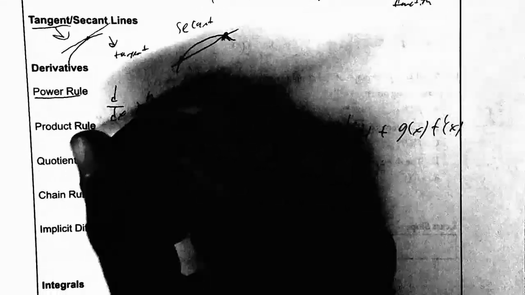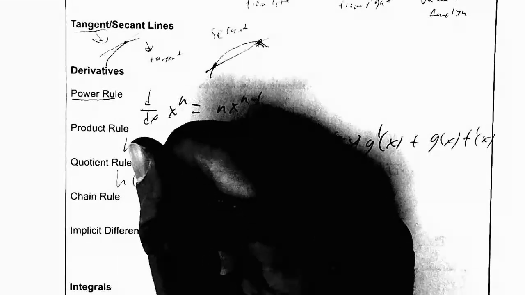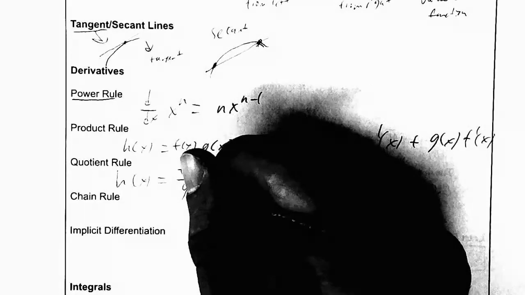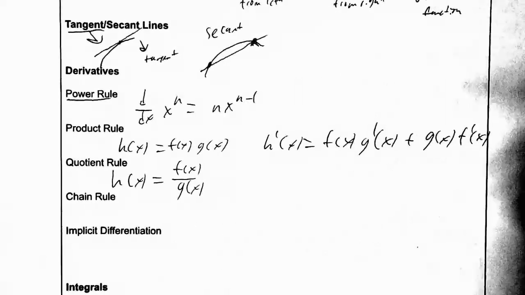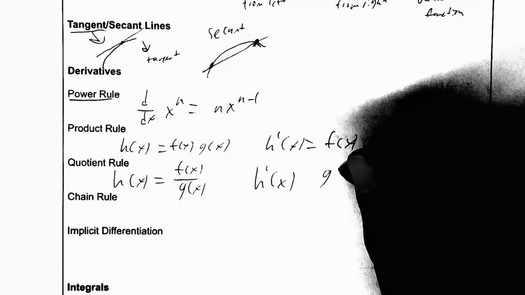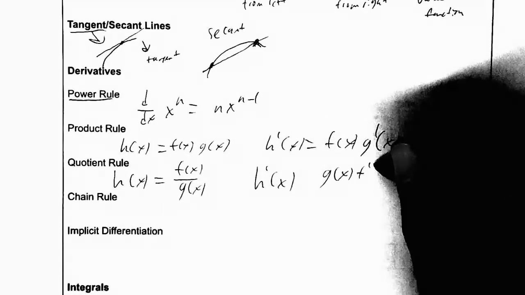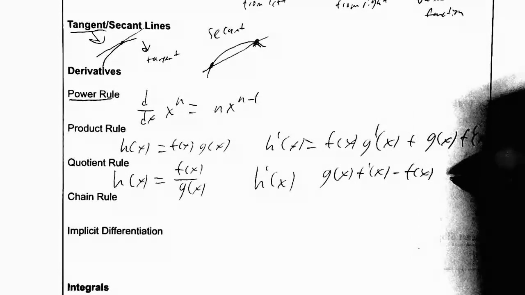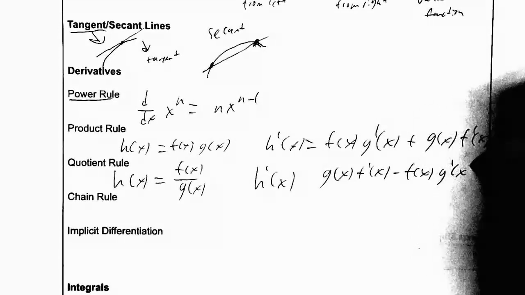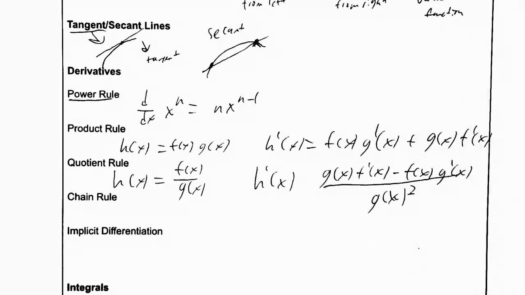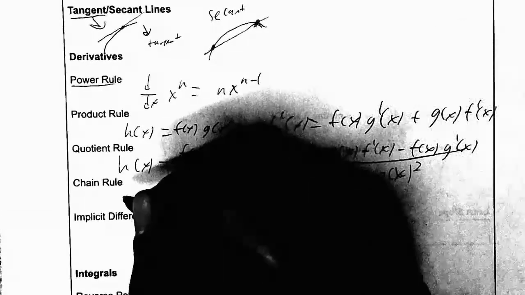Okay, quotient rule. Similar but division. H of x equals f of x over g of x. It's low d high minus high d low. So low g of x, d high f prime of x, minus high f of x, d low g prime of x, all over g of x squared. Chain rule.